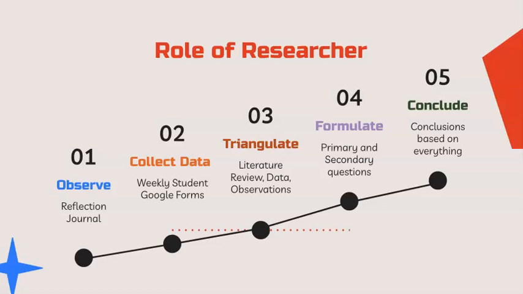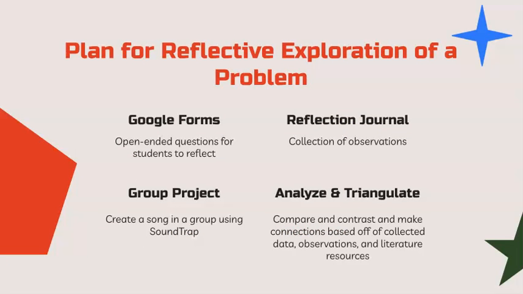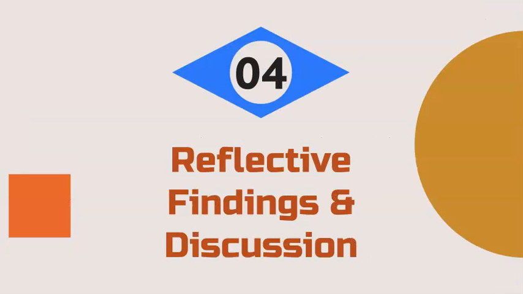After triangulating and gathering all of my information, I created my conclusions based off everything that I had found. And this shows my plan for reflective exploration of my problem. So let's dive deeper into the actual findings that I got through my triangulating and collection of data.